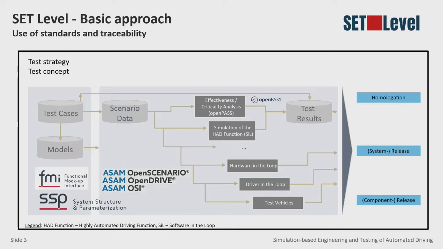All the results of the different test instances must be integrated in a way that in the end, a summary for the purpose of homologation or system release or component release is possible.